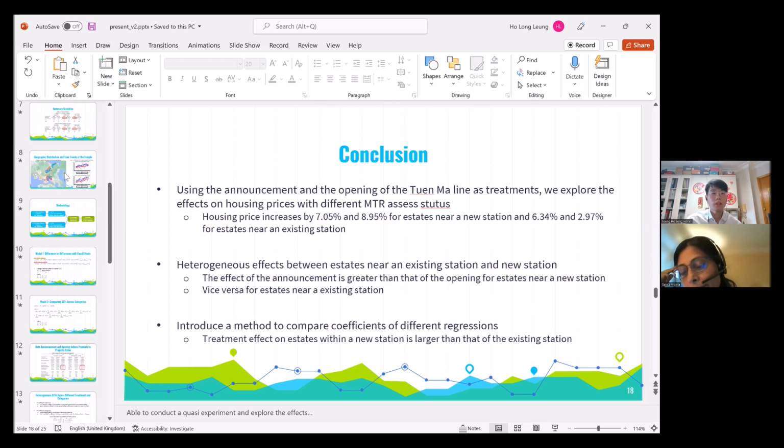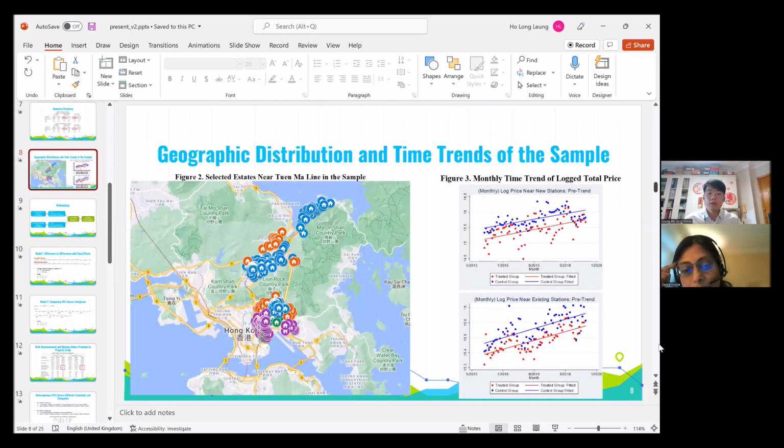Yeah, sure. I would like to have mentioned this, but due to time limits I cut it. At least from my point of view, Hong Kong is a really property dense and complex city, and therefore it is almost impossible to find an estate that is completely far away from any station. In fact, for our control group, most of them benefit from stations on other lines, for example the Kwun Tong line or things like that.